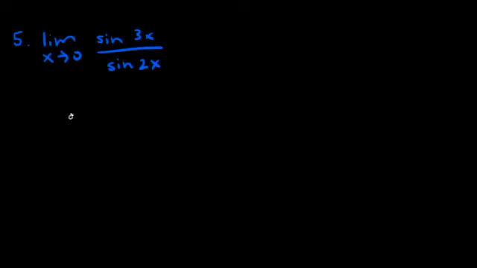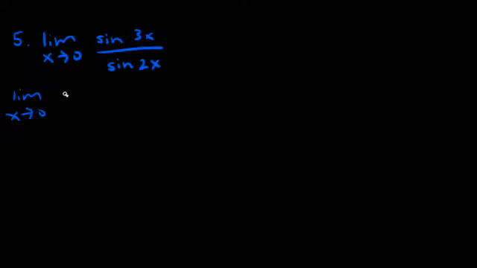Now let's look at another example in which you can't figure out how to even make the bottom or the top just x. This one has both sine 3x and there's a 2x on the bottom. So in this situation, you're actually allowed to separate the fraction into two different limits.